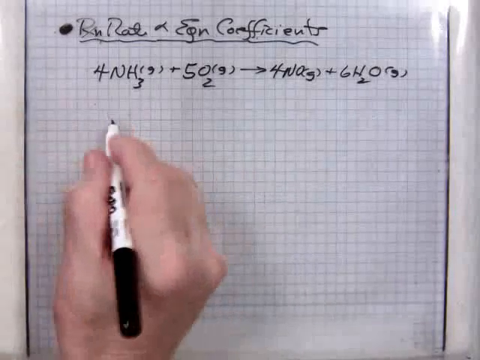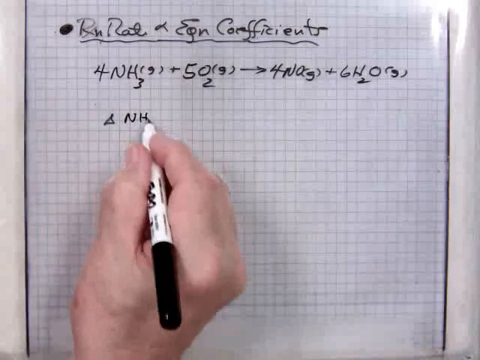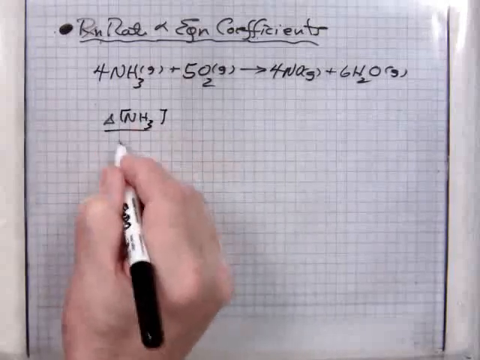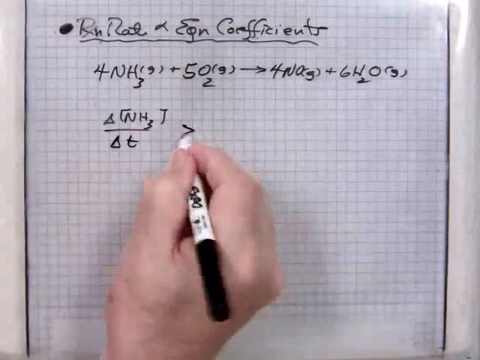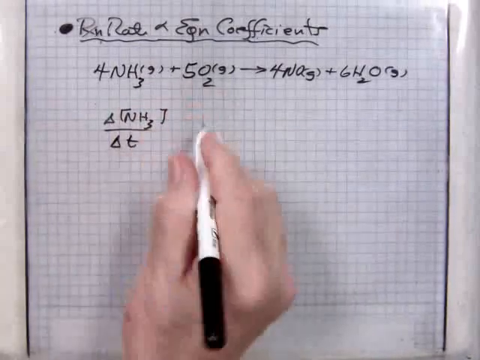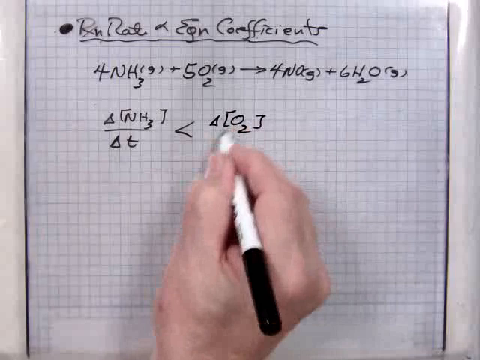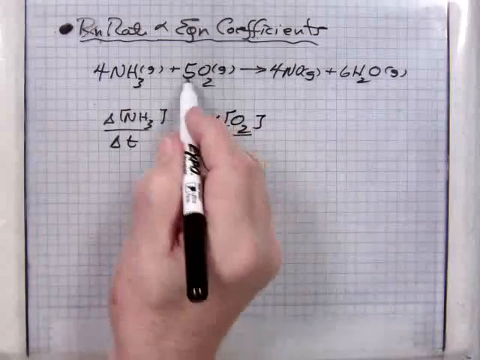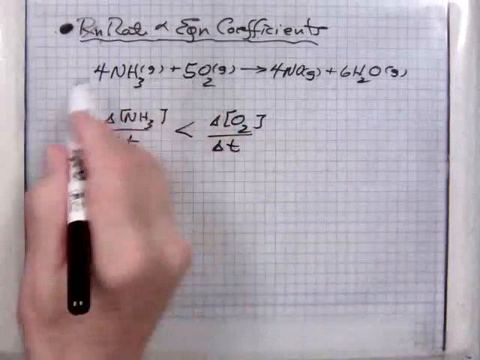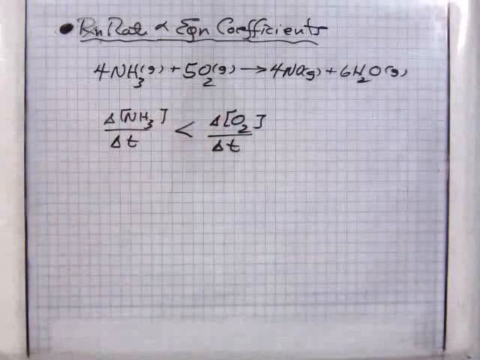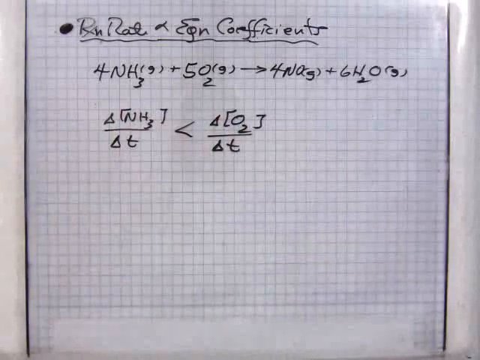But the rate of ammonia, as we said yesterday, as a change in time, is, in this case, less than the change in O2 as a function of time, because the coefficient of oxygen is larger than the coefficient of ammonia.